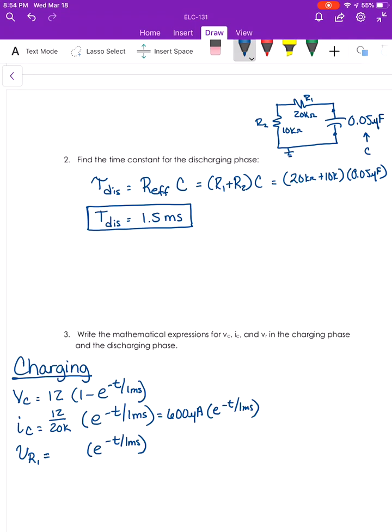In this case, I'm just going to write this as I sub c times R1.